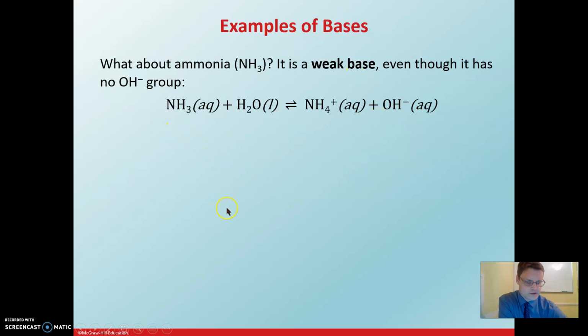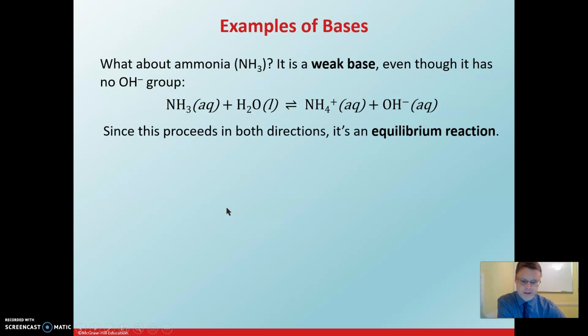Now this allows us to talk about another concept with acid-base theory. One thing about this, you'll notice our reaction arrows are a little different. They're going in both directions, and that signifies that this reaction goes in both directions. It's an equilibrium reaction.